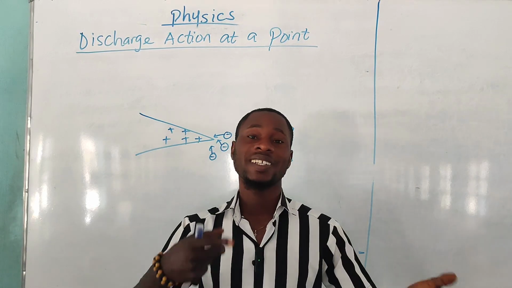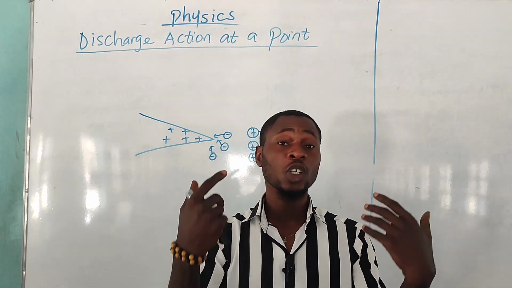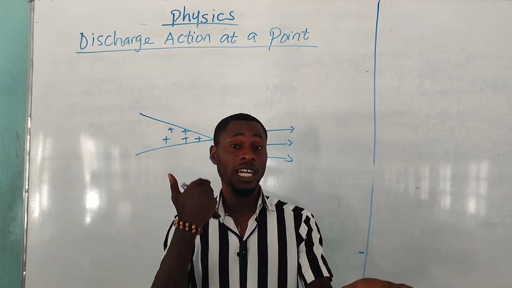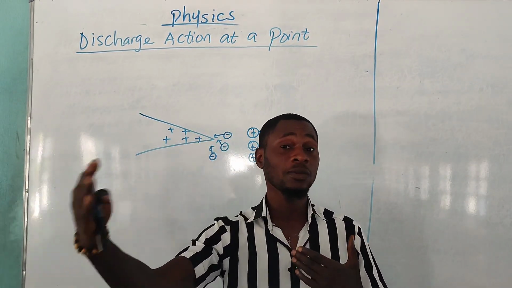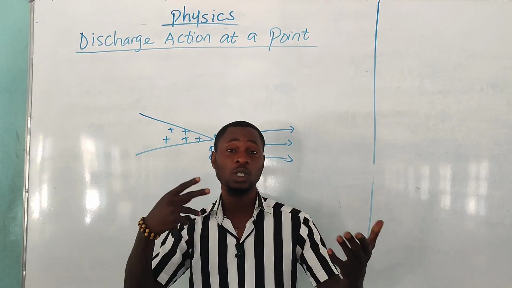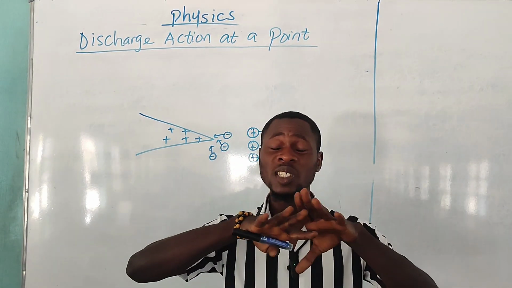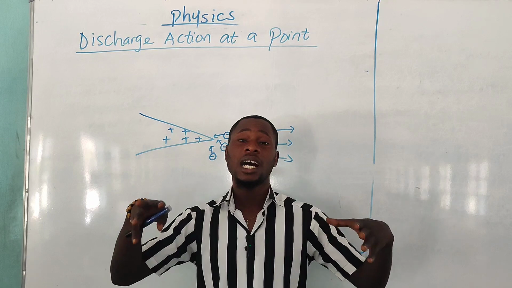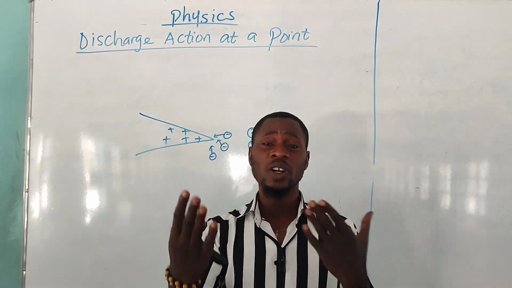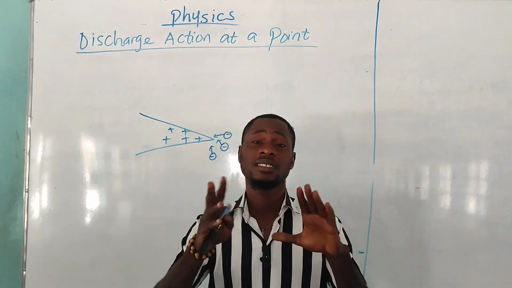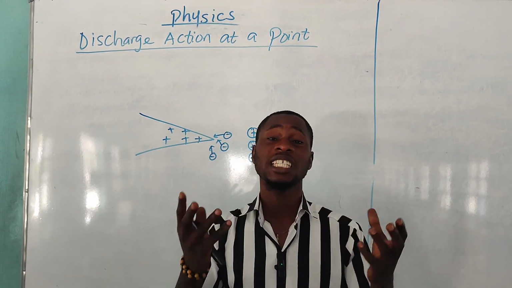So it will cause the surrounding air to keep ionizing. And the conductor keeps attracting all the negative ions and keeps repelling all the positive ions. So that is how the process continues. Within just a short period of time, these ions that are moving very fast will have a cumulative effect.